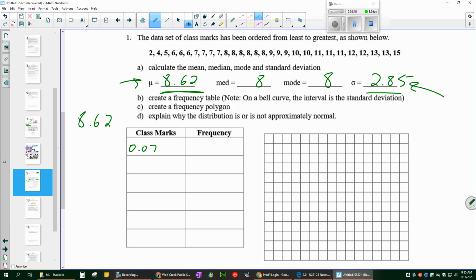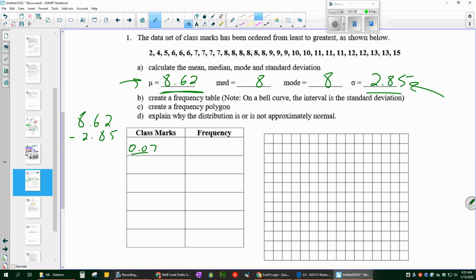Okay, you guys are okay with that? If you were unsure how to do this, you'd start here and then just subtract our standard deviation, 2.85, and that would be our first. But I want to start with the lowest number and work our way up from there. You're good with that?